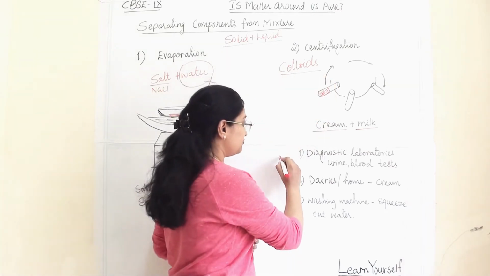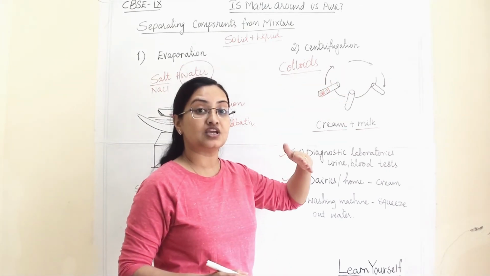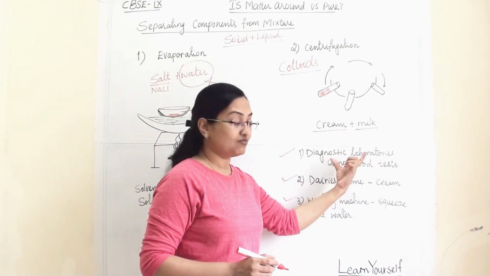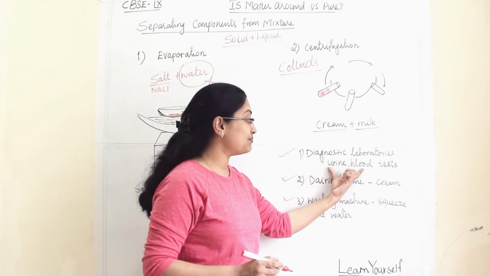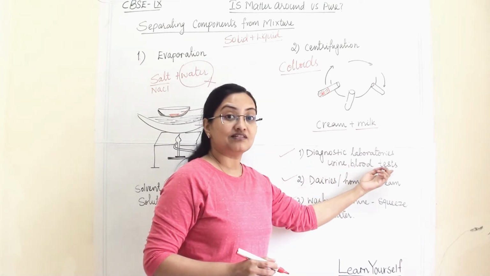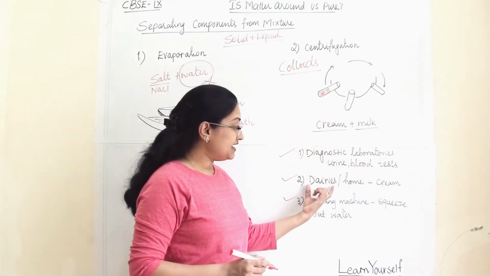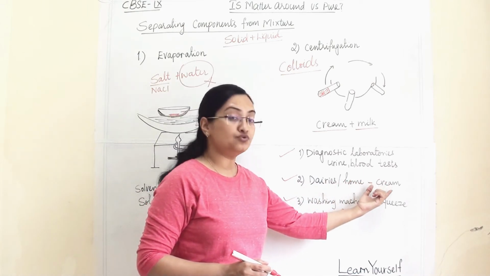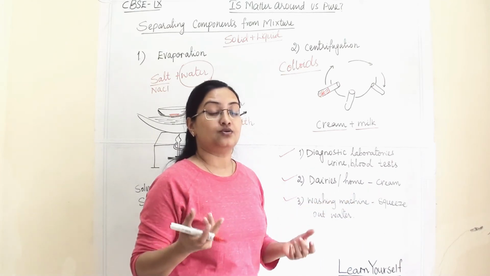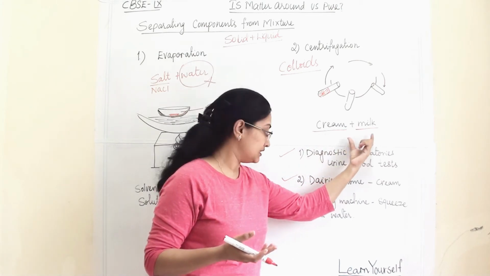Now these are some important applications of the centrifugation technique, or you can also say centrifugal force. In diagnostic laboratories, samples of urine and blood get tested through this technique, centrifugation. In dairies and at home we use centrifugal force and churning, and at home we use blenders to separate cream from the milk.